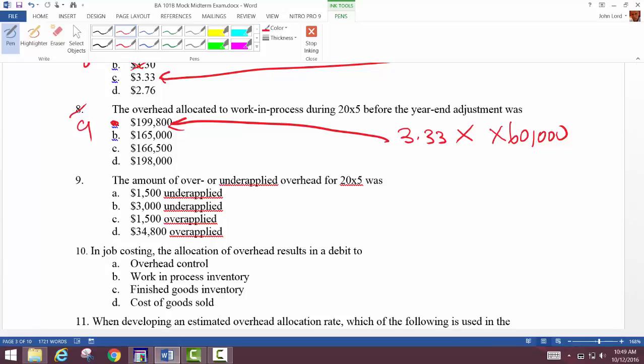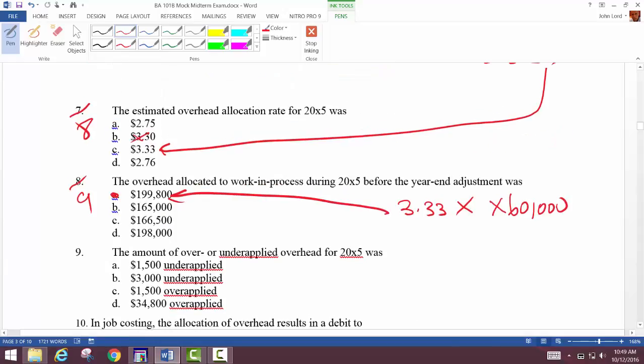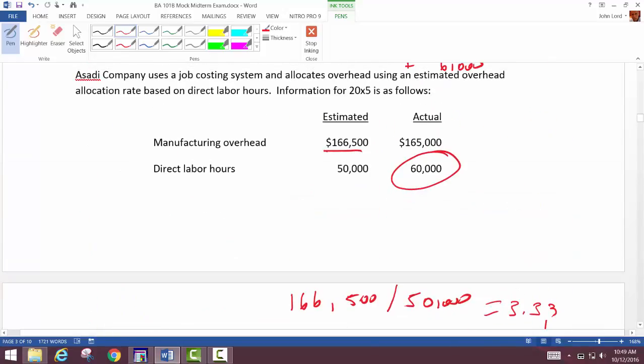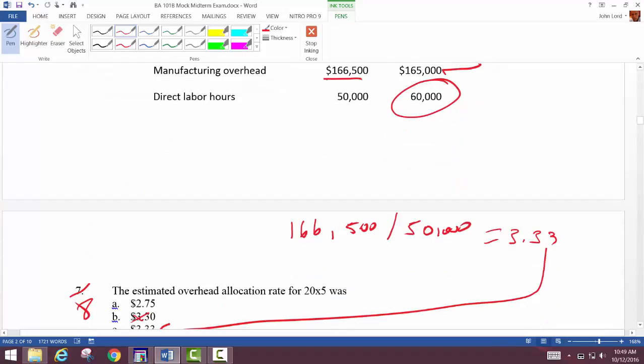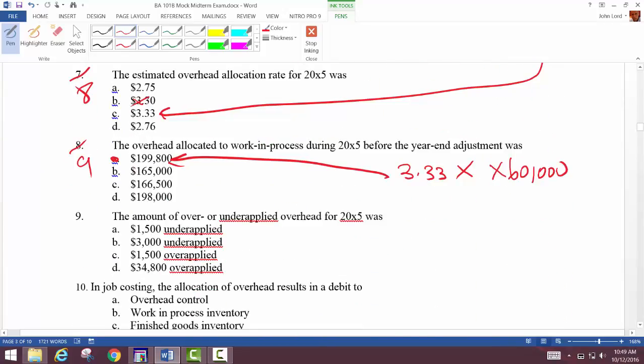Okay, good. Well, if you come back up and they tell me that the actual overhead was what? 165. And I know from problem number 9 that I had just applied 199 and the actual is 165? I have a difference here of 34,800. Okay.